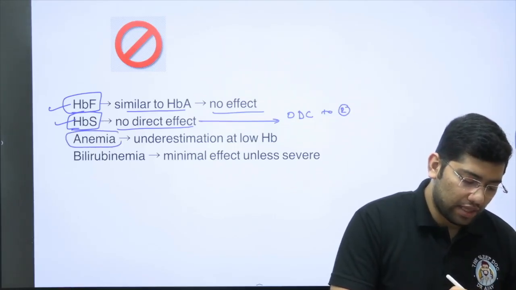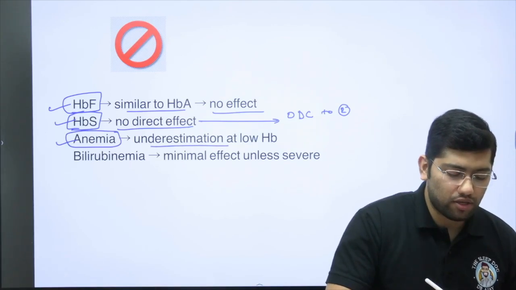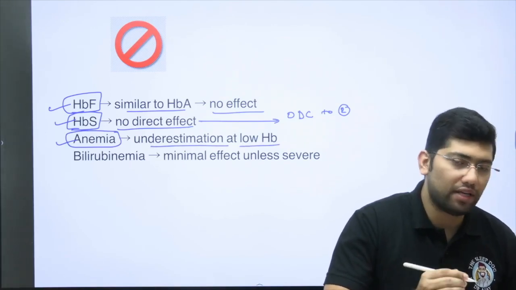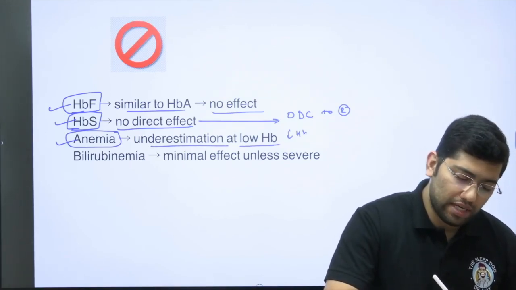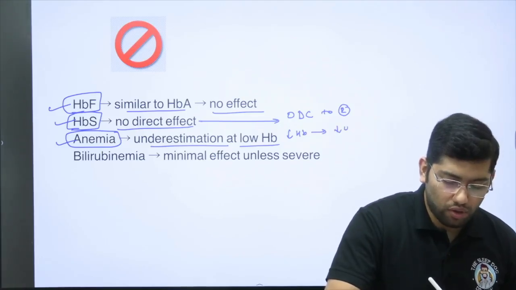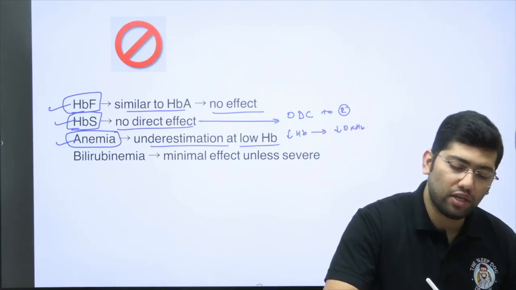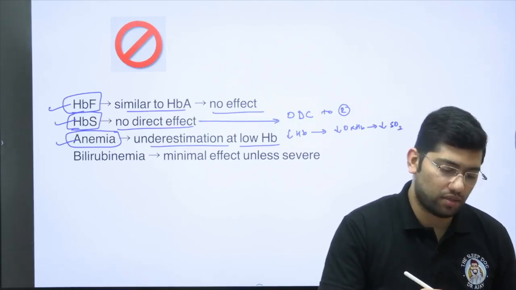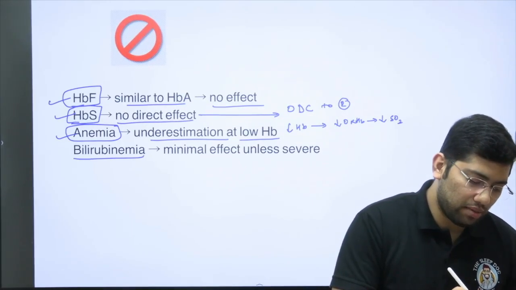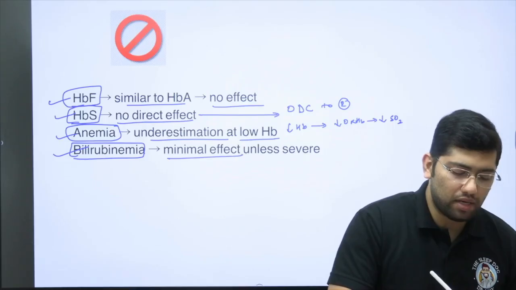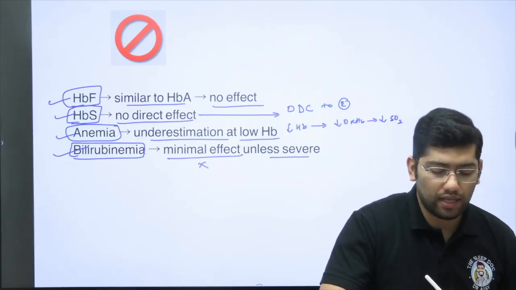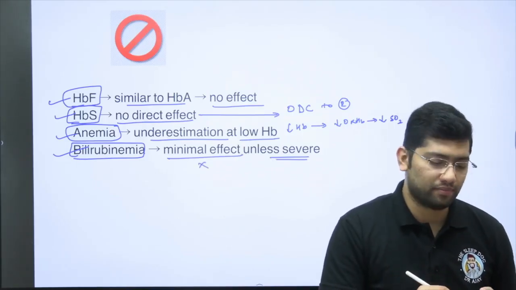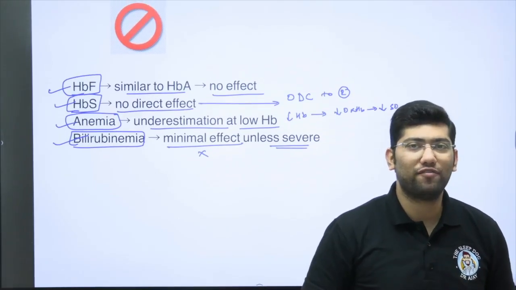Anemia: there is underestimation of saturation at low hemoglobin levels. Why? Low hemoglobin level leads to low oxyhemoglobin concentration, which is detected as low saturation by the oxygen probe. Then bilirubinemia has minimal to no effect unless it is severe. Now that concludes the discussion of pulse oximeters.